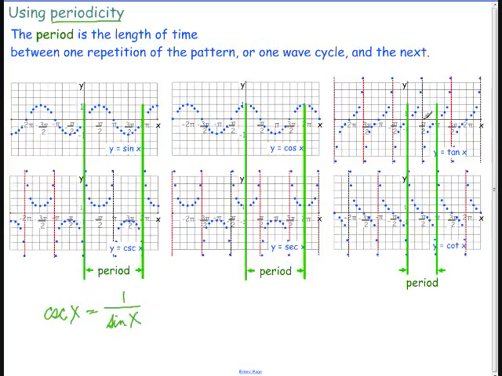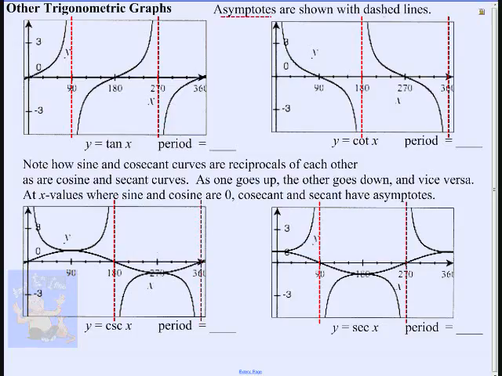So that's why you see them 90 degrees off. This is what you have in your book. Let's go through it. Asymptotes. Remember, when you draw any of these other trig graphs, you must put those asymptotes in.